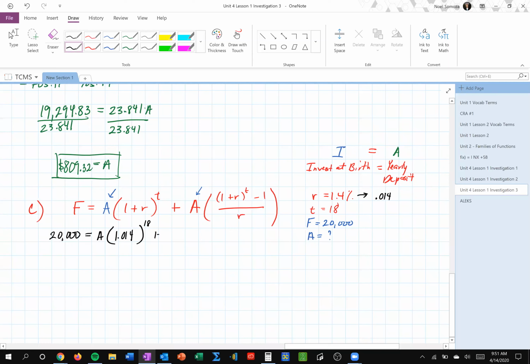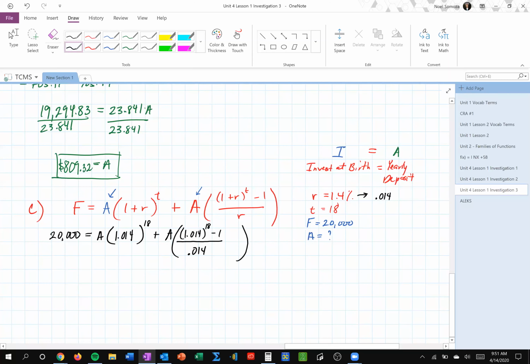Plus, again, we have A, something we need to look for, times 1.014 to the 18th power minus 1, all over our new rate, which is 0.014.